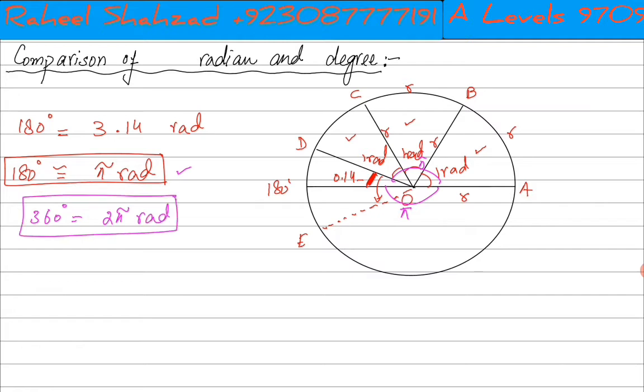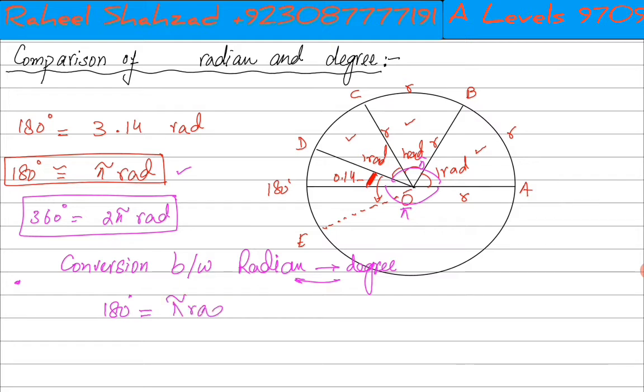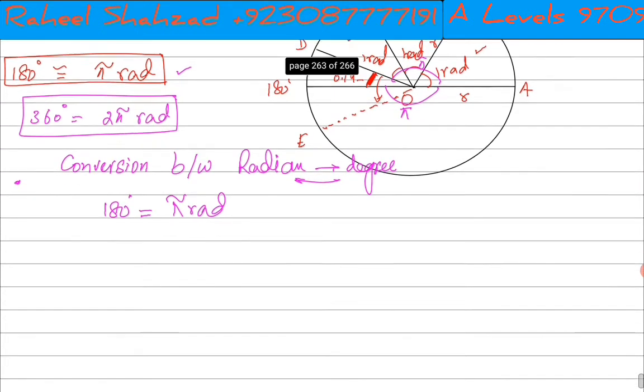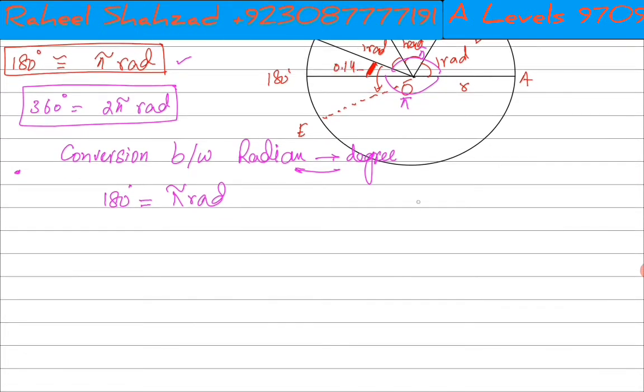Now you need to keep this in mind whenever we need to find conversion between radians to degrees and back from degrees to radians. This is the thing we are going to use: 180 degrees is equal to pi radian.